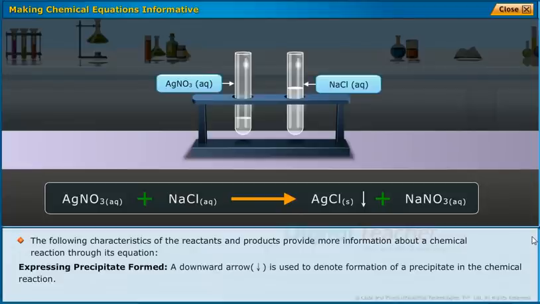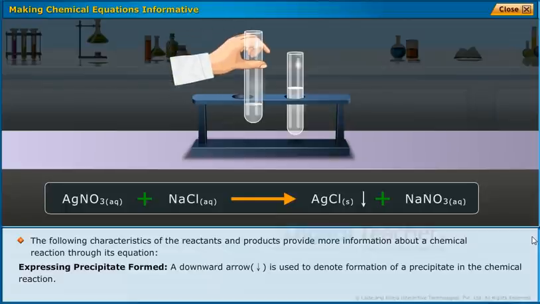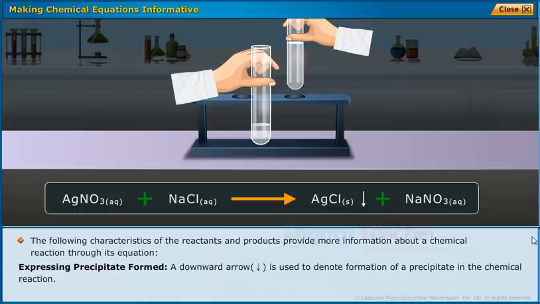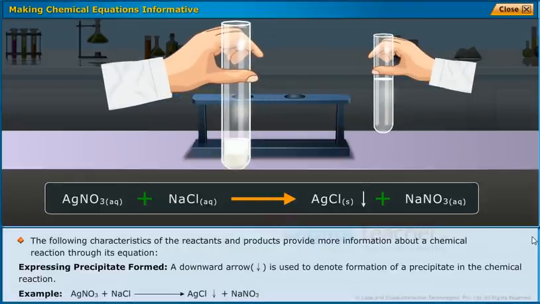Expressing precipitate formed. A downward arrow is used to denote formation of a precipitate in the chemical reaction. The example is provided on the screen.